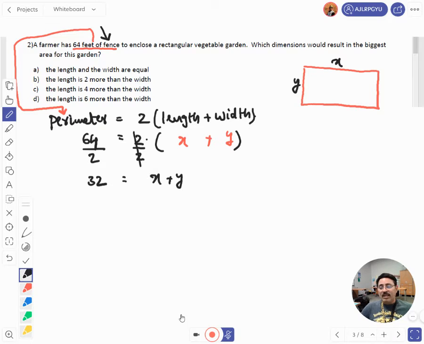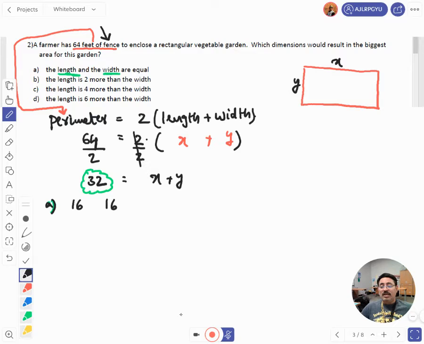Now, option 1 says that length and width are equal. If these two are equal, then how can I split 32? If I split equally, then these two must be 16 and 16. Does it make sense?